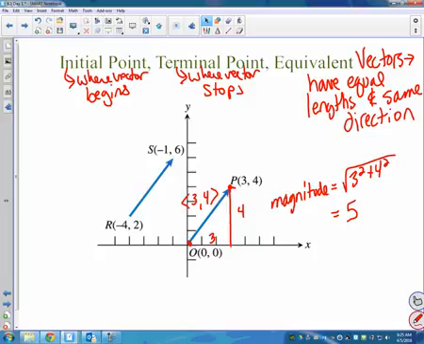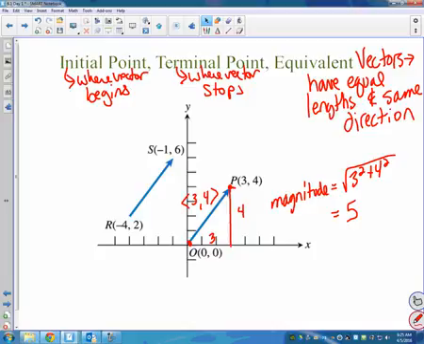So, do you agree that this segment is in the same direction as this segment? Is that true or not true? Yes, we can put them in the same direction, pointing the same way. Which means we need to see if they have the same lengths.